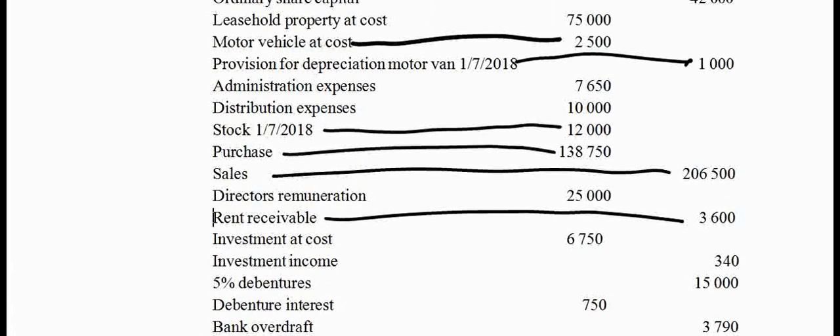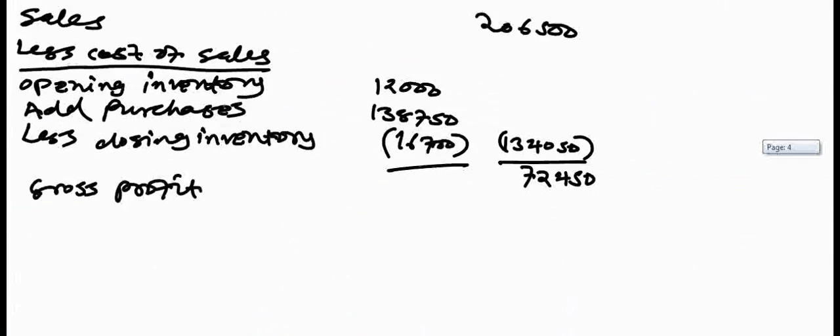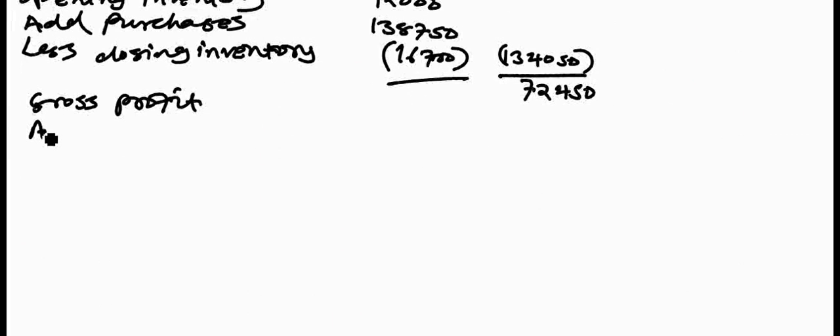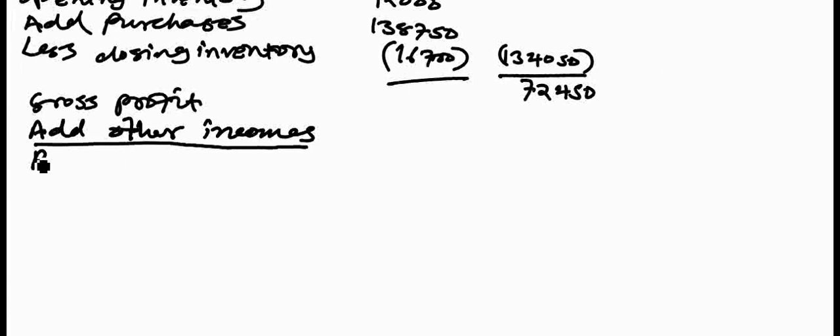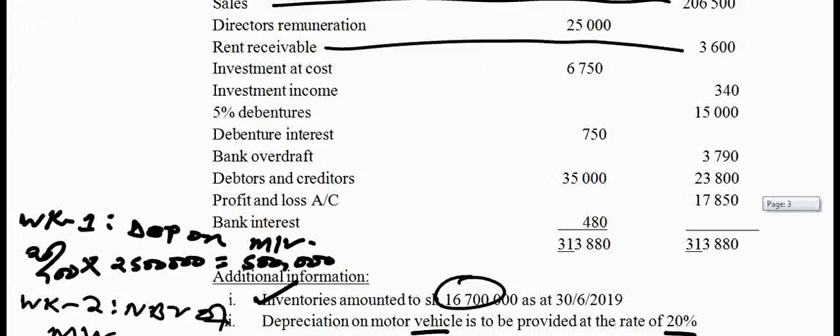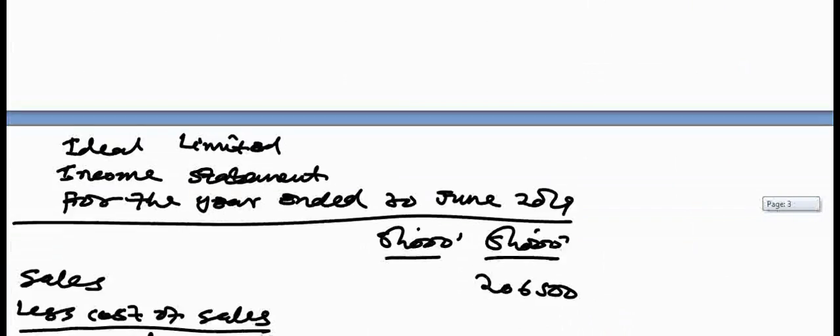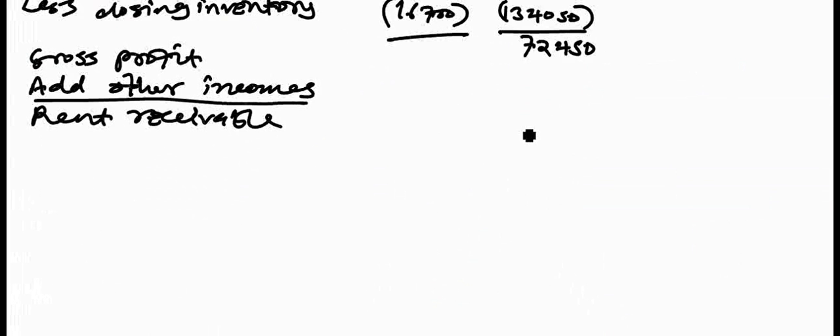So we go direct and say add other incomes, let's say rent receivable. Add 3600. So we add 3600. The total, I think, is 76,050.